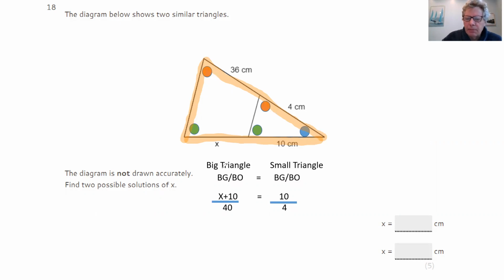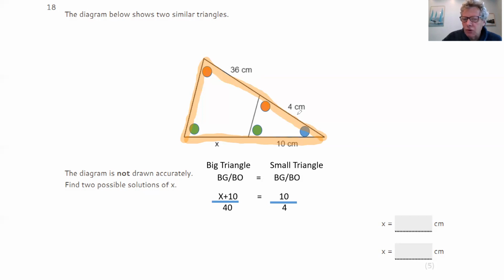Then if we look at the big triangle and the small triangle and start comparing the ratio of the sides, we've got the blue to green side and the blue to orange side. In the big triangle, blue to green is x plus 10, and blue to orange is going to be 40 because we've got to add the 2 up.